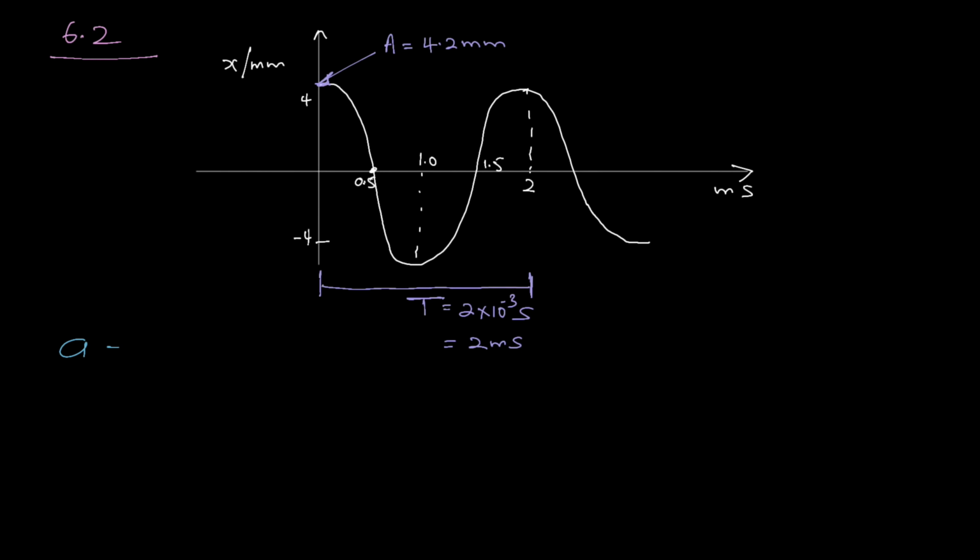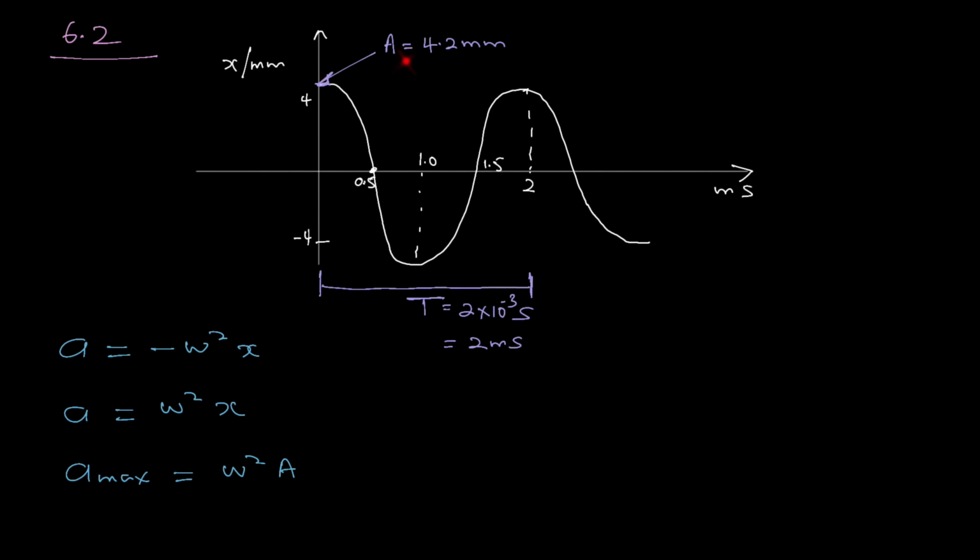Question 6.2. Calculate the maximum acceleration of P. So a is equal to minus omega squared x, but we're looking for the magnitude of a, so I can say a equals omega squared x. To find a maximum, we're looking for omega squared A, where A is the amplitude.